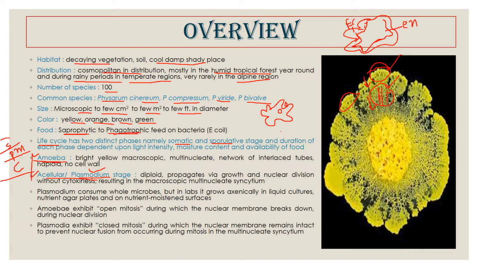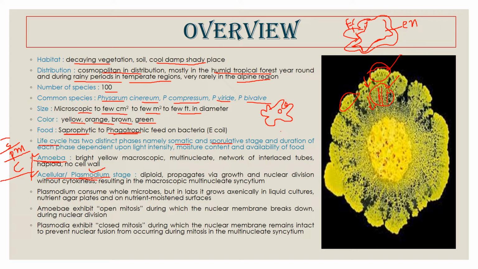In the amoeba or plasmodia, they have an outer slime layer, followed by the plasma membrane, and then the cytoplasm, which has ecto and endoplasm, and the endoplasm shows streaming.